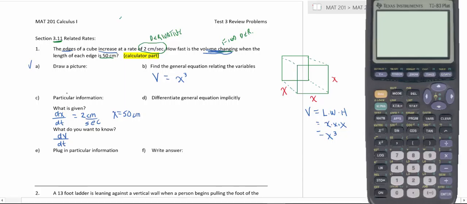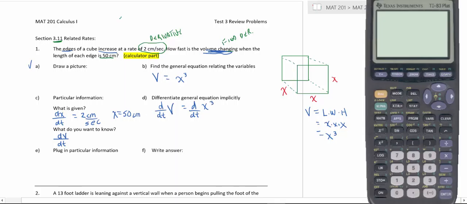And now the rest of it is calculus, and you have to do everything exactly right. So we're going to write this down, and we're going to differentiate our general formula with respect to t. We're going to do the derivative of both sides. So the derivative with respect to time of the volume equals the derivative with respect to time of x to the third, and you're doing implicit differentiation.